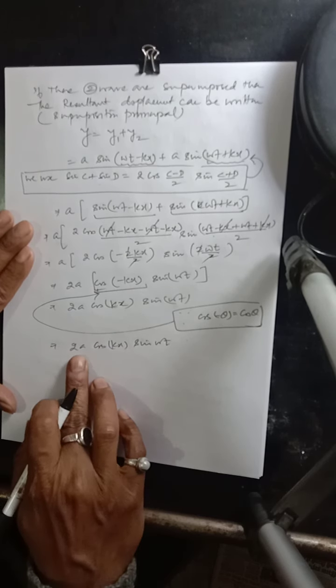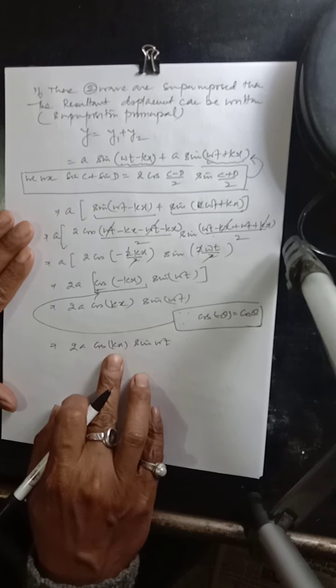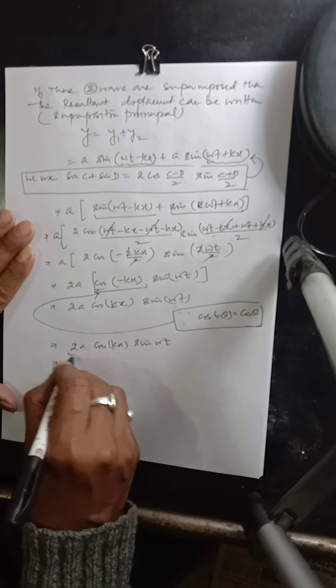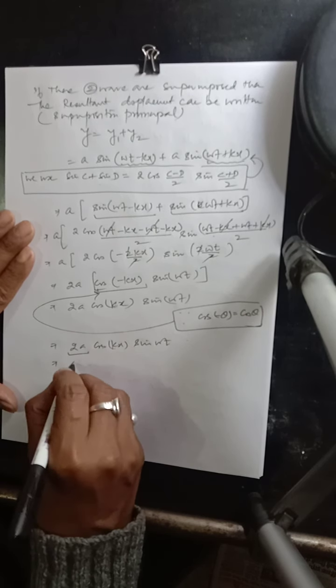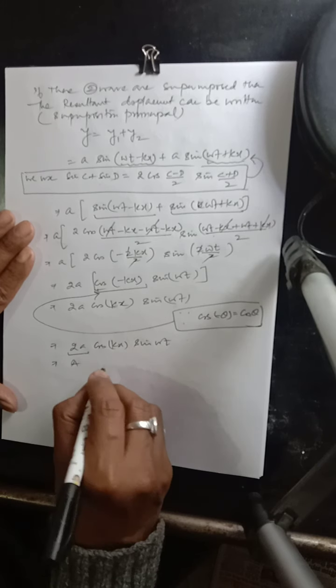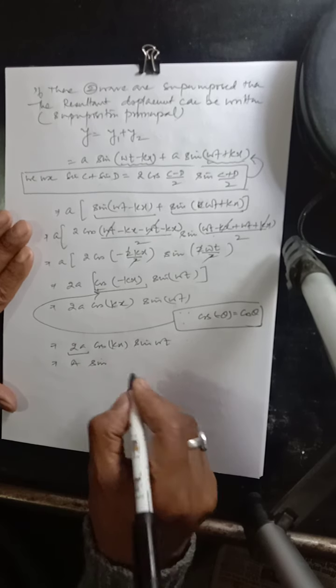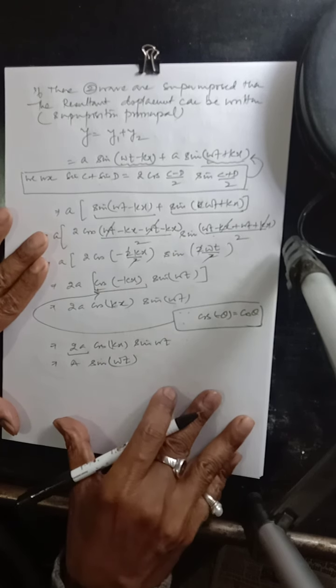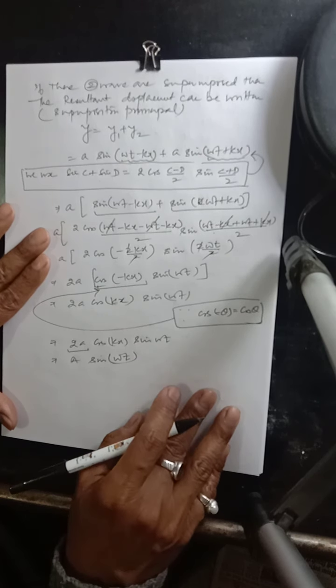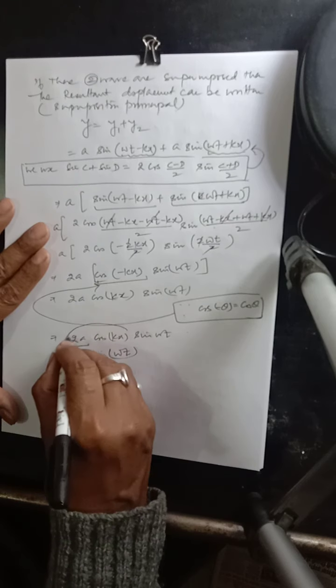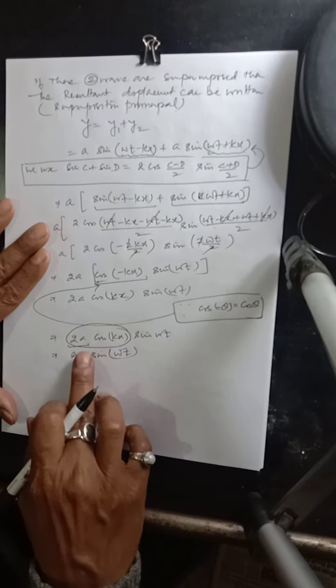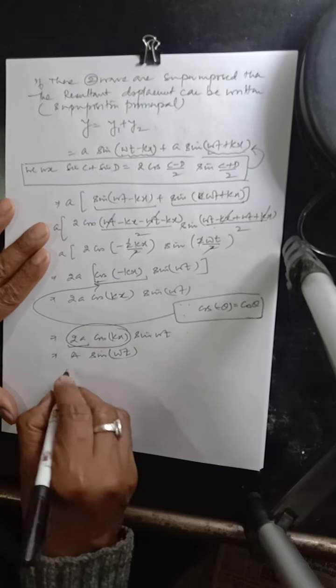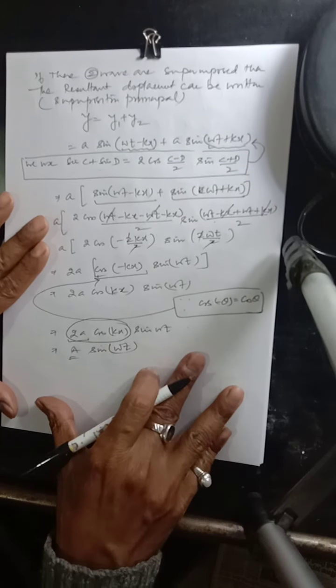So it is like 2A sin theta cos theta, where 2A is the amplitude times sin of omega t. So the amplitude is 2A cos of kx, multiplied by sin of omega t.